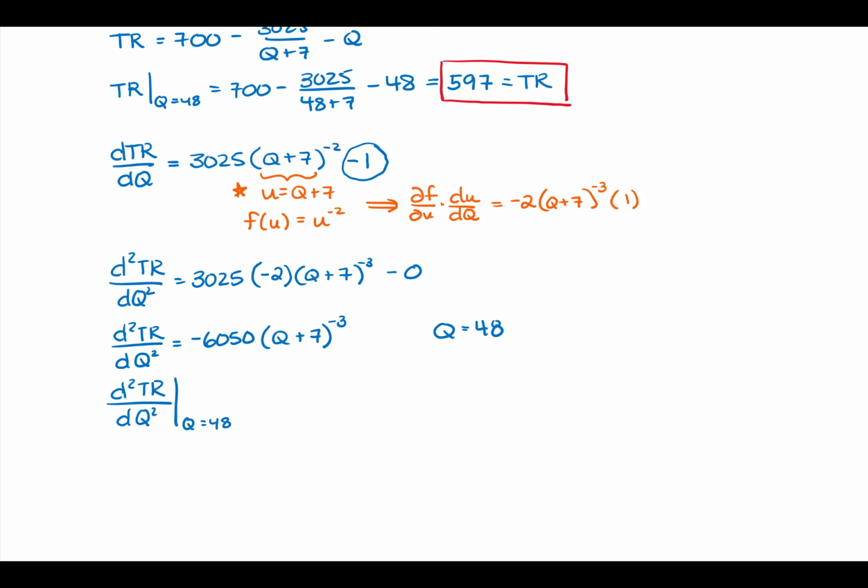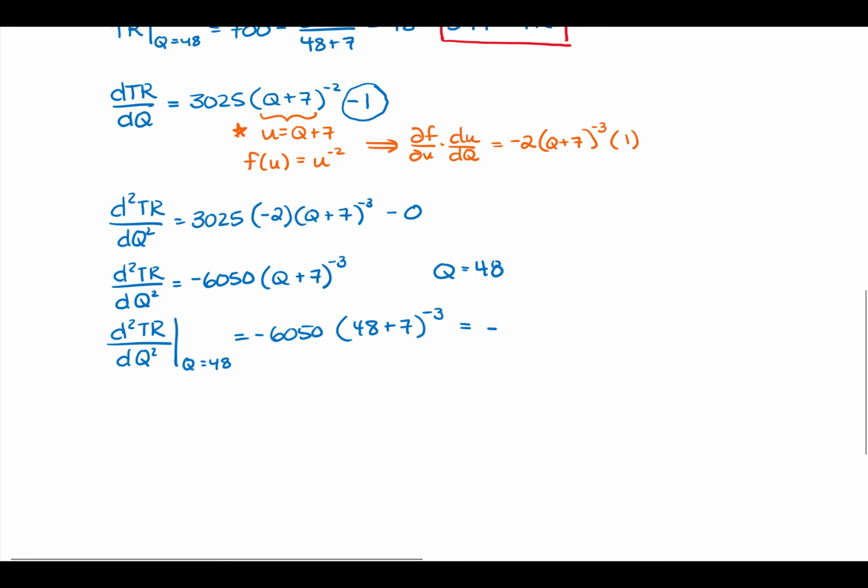Q is equal to 48. I get negative 6050 times (48 plus 7) to the power of negative 3, and I get negative 0.03636. Now this is a very small value, but what we're focusing on here is the sign. The sign is negative, indicating that over this region it is indeed concave down.